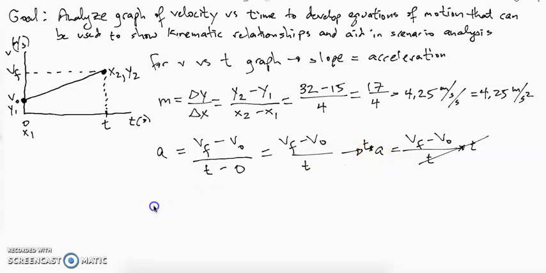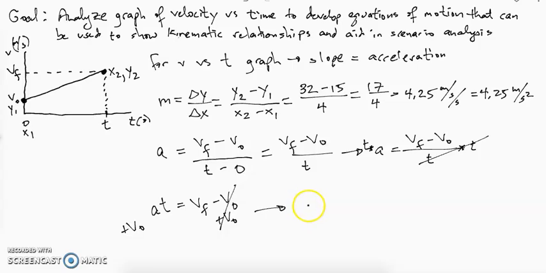I'm going to have to come down here because I ran out of space. So now we have VF minus VO equals a times t. Again, I prefer to have the equation where the VF is all by itself. So at this point, what I do is I add VO to both sides, and it disappears on the right, and it reappears on the left.